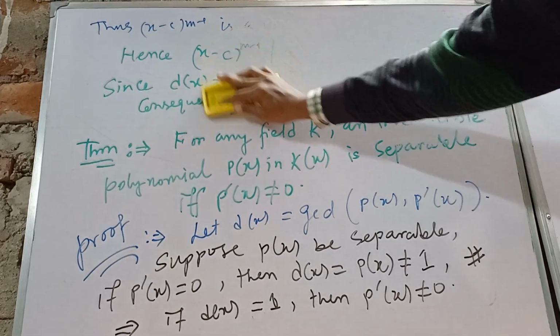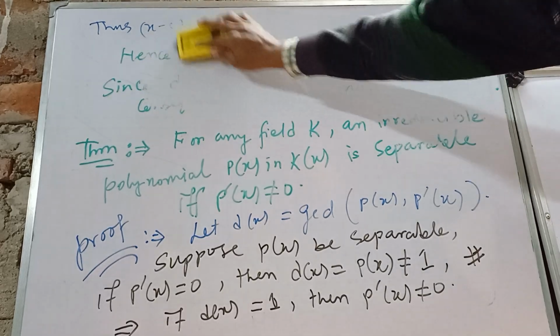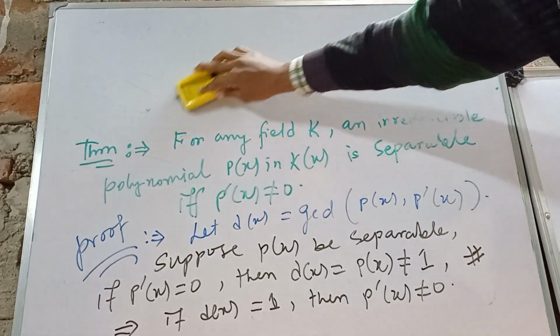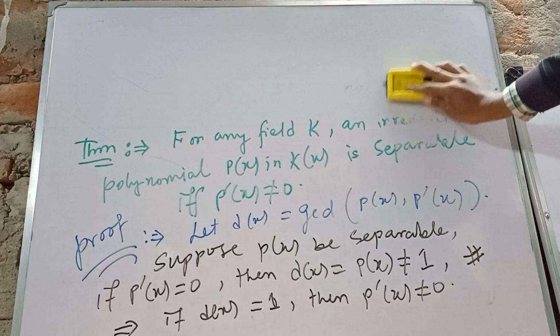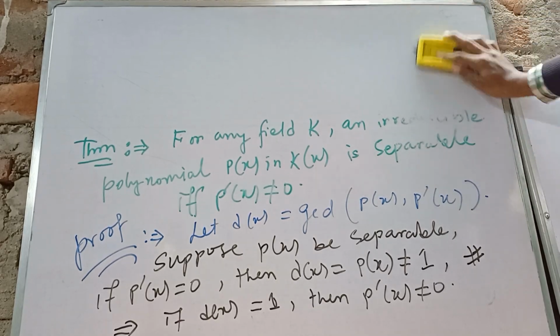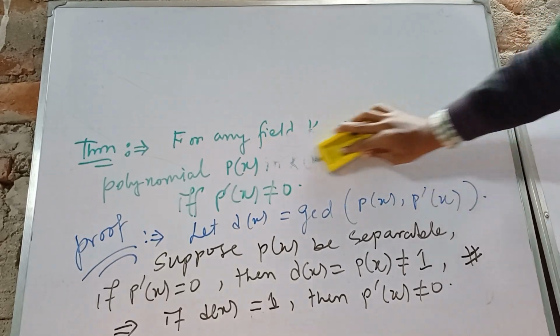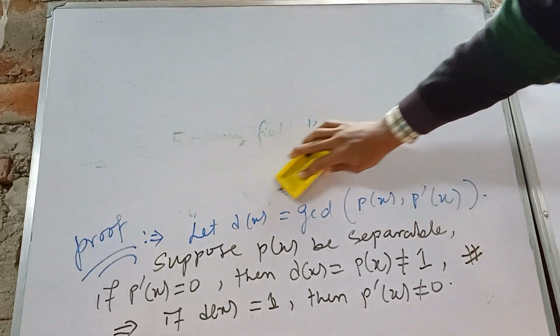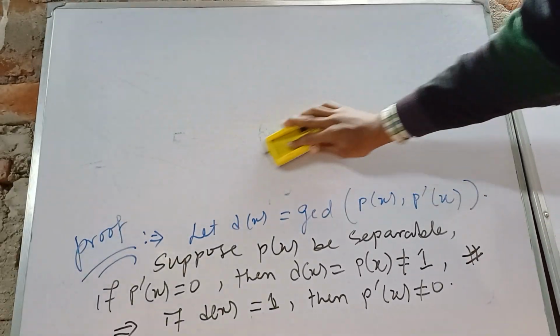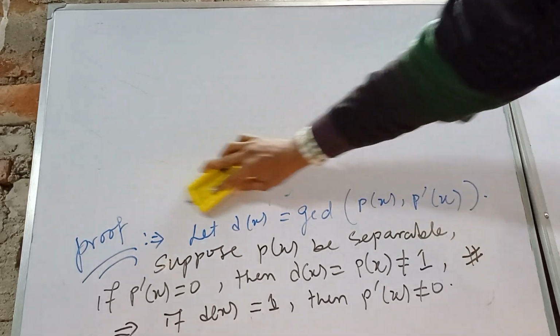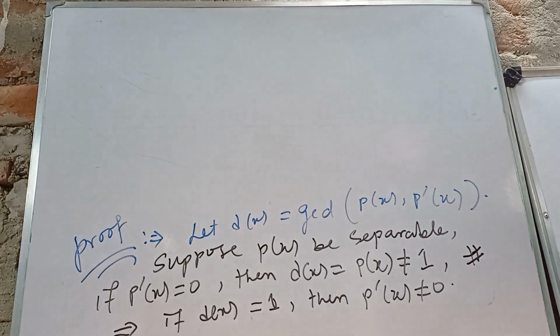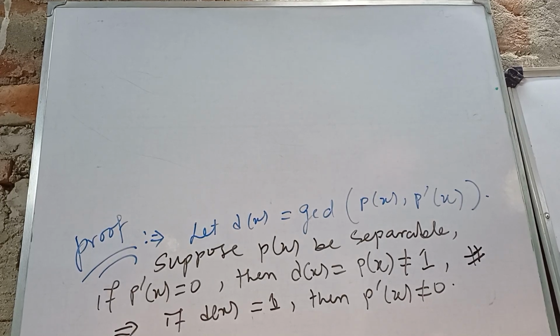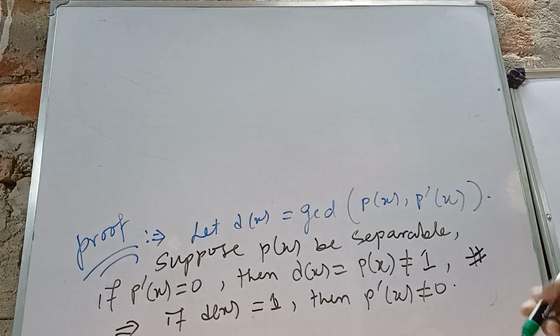A polynomial is separable if the polynomial and its derivative are relatively prime, and the polynomial is separable if p dash x, the derivative of this polynomial, is not equal to 0.